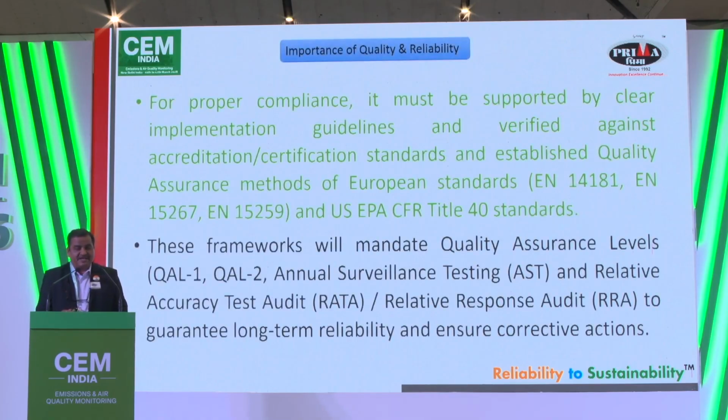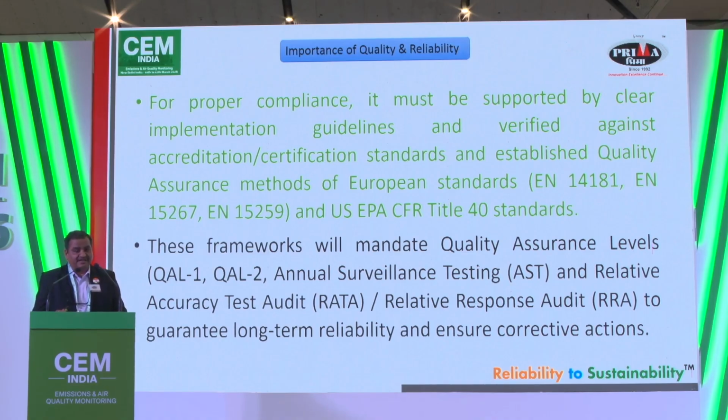Proper compliance must be supported by clear implementation guidelines and verified against accreditation and certification standards and established quality assurance methods of European standards, like EN 14181, EN 15267-3, and EN 15259, which we have been talking about since morning.